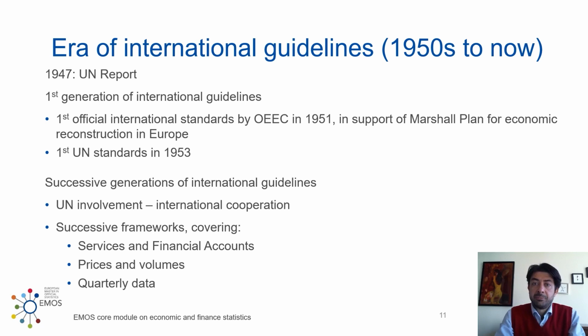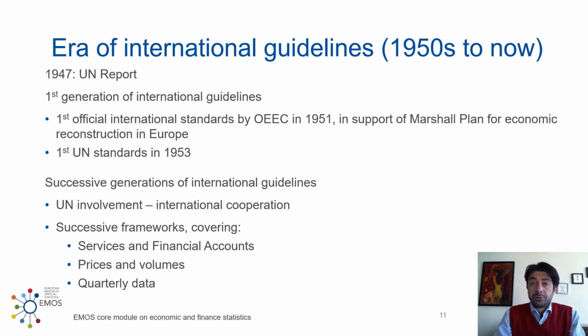international guidelines can be regarded as the ones produced by the Organization for European Economic Cooperation, that later on would develop into today's OECD, in 1951. This international organization was overseeing the implementation of the Marshall Plan, the post-war reconstruction plan in Europe. These guidelines were thus mainly addressed to European countries.